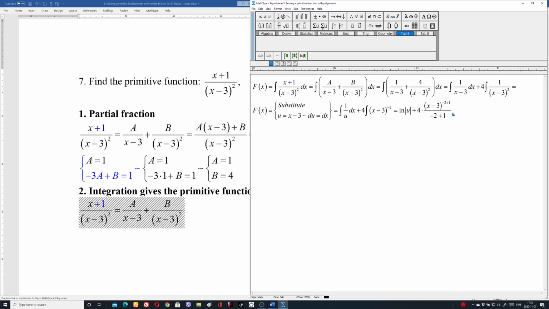So I'm done using this one. Okay, so ln plus some constant c. So now I will continue to calculate this one, and I receive ln. So now I will substitute back.